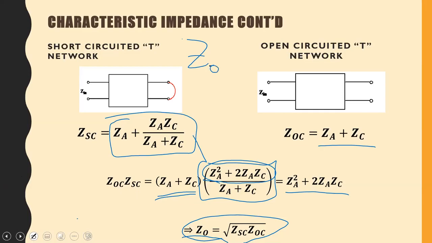The first method we used was to apply the definition for characteristic impedance. And what was the definition I gave you? The definition was that the input is equal to the output because it is symmetrical.